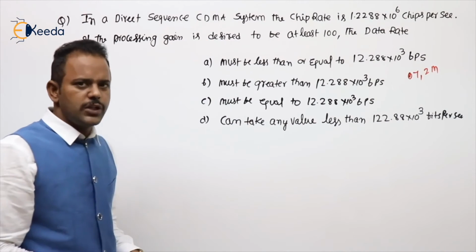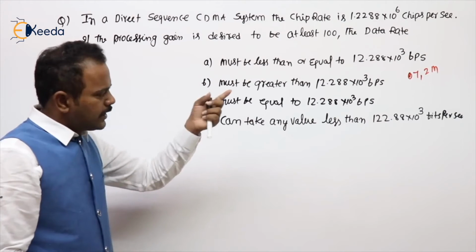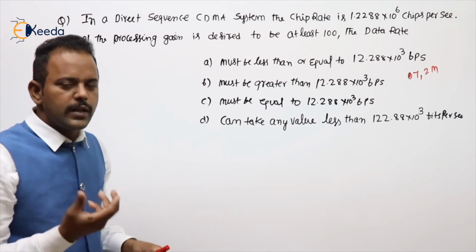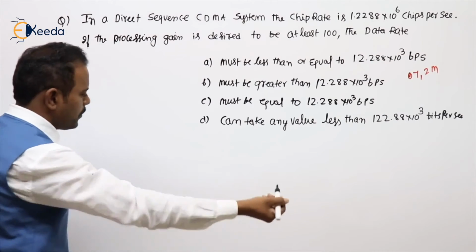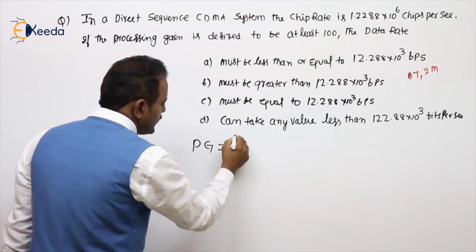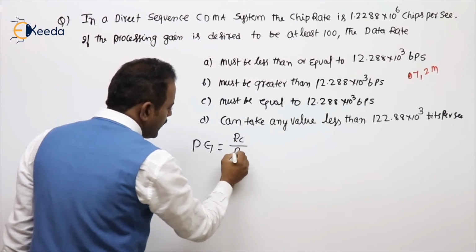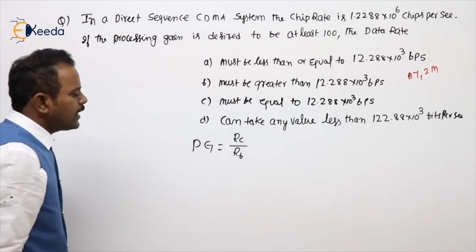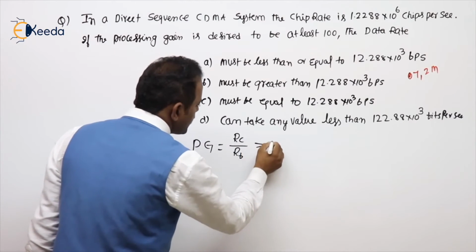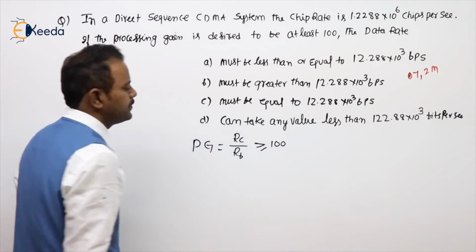It is a simple question asked in the GATE 2007 examination for 2 marks. What we already know is the formula for the processing gain equals chip rate by bit rate. And what he is saying is this value should be at least, meaning greater than or equal to 100.